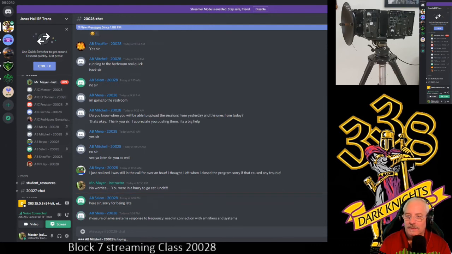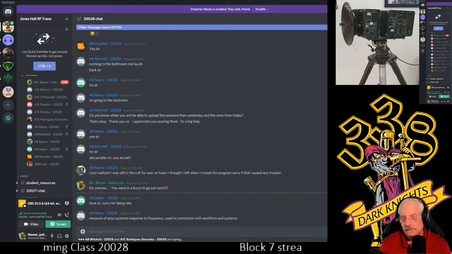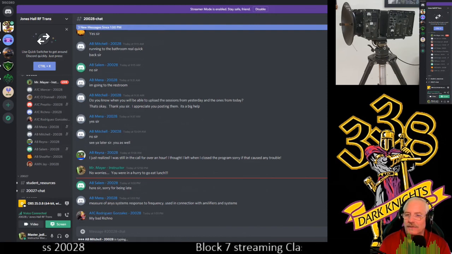Measure of any system's response to frequency used in connection with amplifiers and systems here. No, there's a definition.